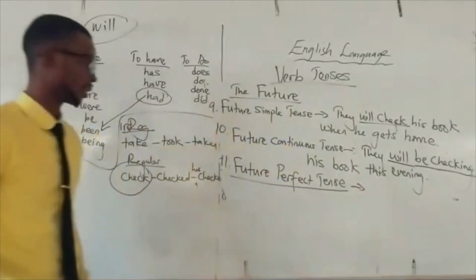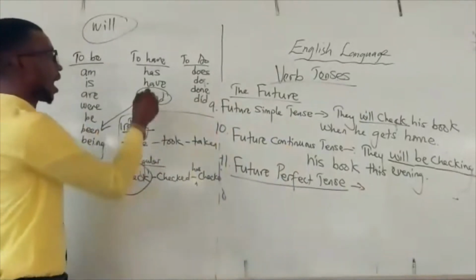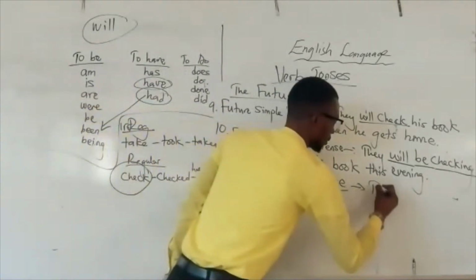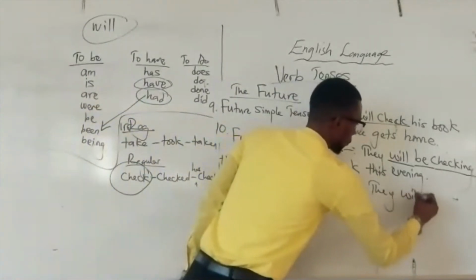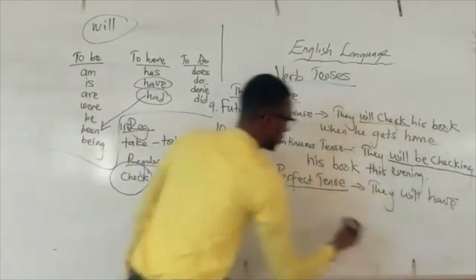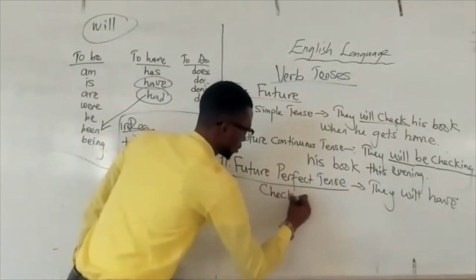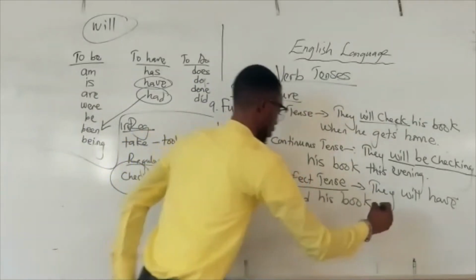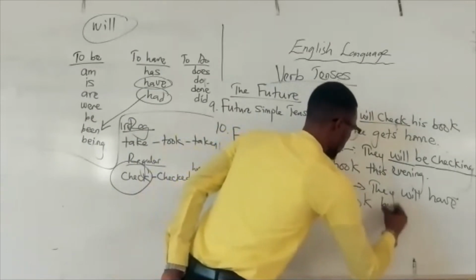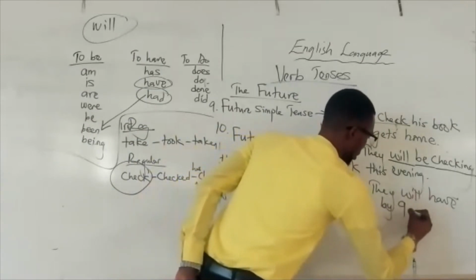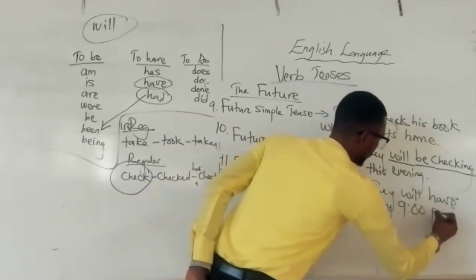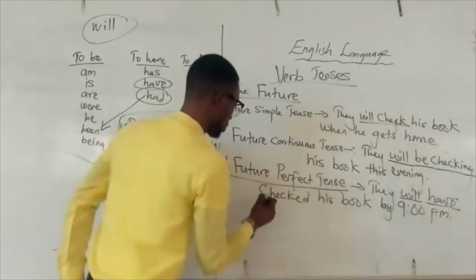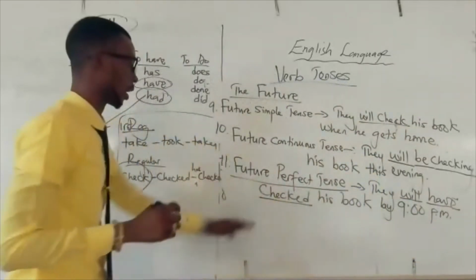How do you form the future perfect tense? Now, we are going to need another auxiliary verb. They will have checked his book by 9 p.m. Okay, will plus have plus the main verb check plus ed.